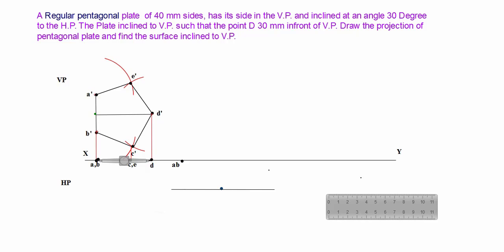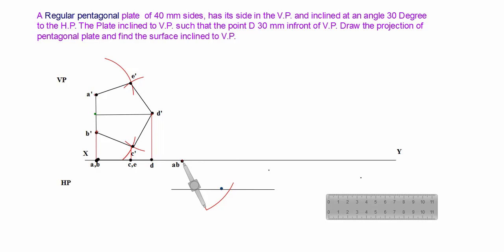Now after marking the AB plan points on XY, I measure the radius, the top view length A to D, and with center A point I draw the arc on the locus of D points.